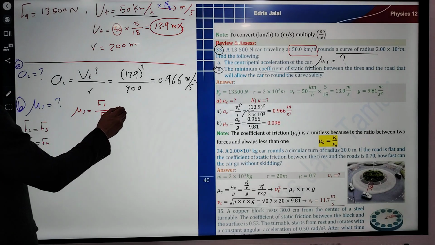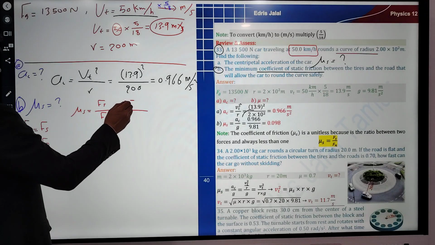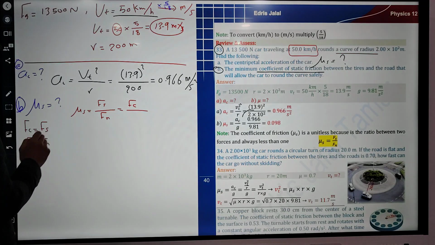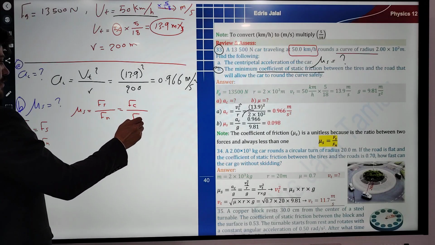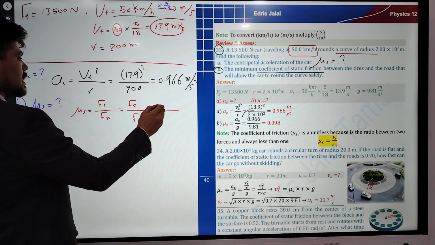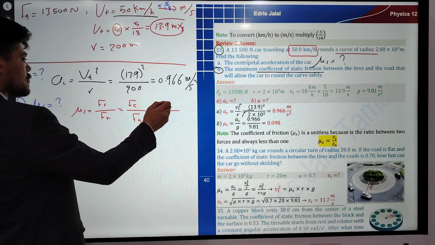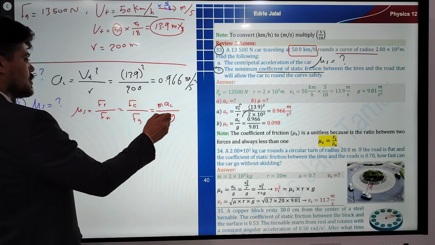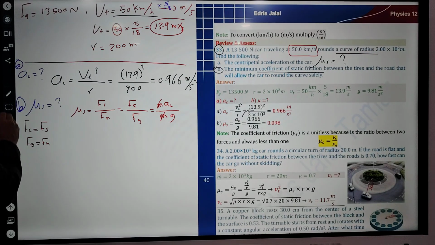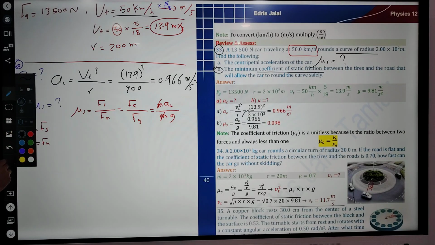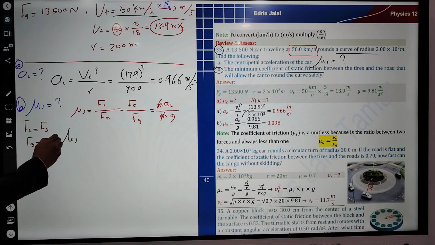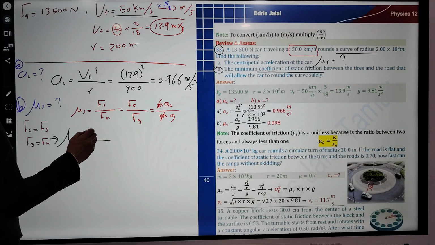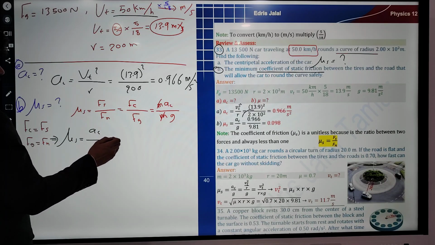So instead of Fs, we can write Fc. Fn is equal to Fg. Fc, by Newton's second law for circular motion, is equal to m ac. Fg, the gravitational force, is equal to mg. Mass cancels with mass. What remains? Mu s is equal to ac over g.